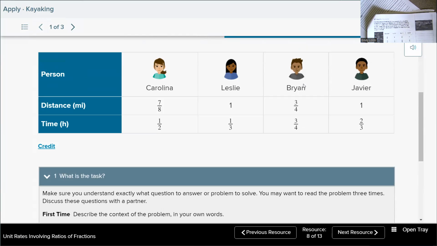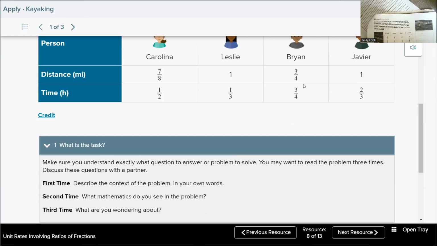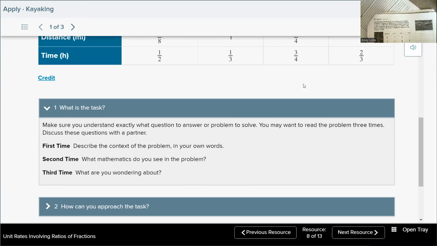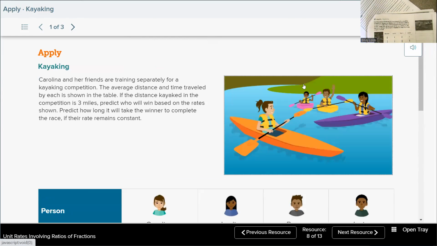All right, make sure you understand exactly what question to answer or problem to solve. You may want to read the problem 3 times and discuss these questions with a partner. So the first time you read it, describe the context of the problem in your own words. Carolina and her friends are training separately for a kayaking competition.